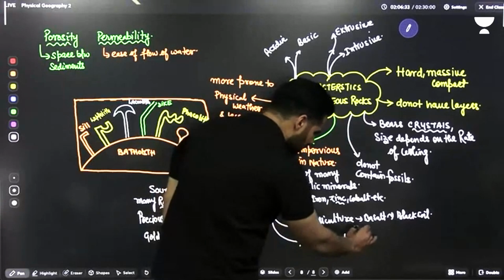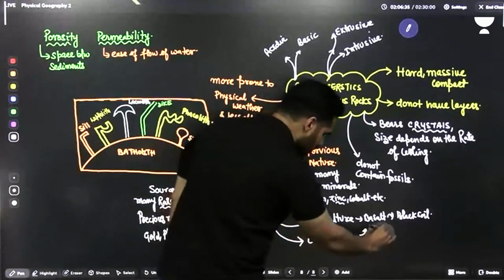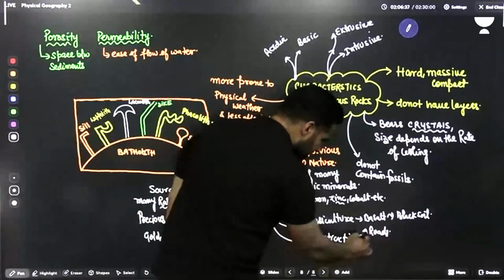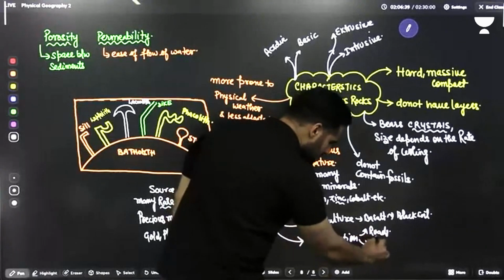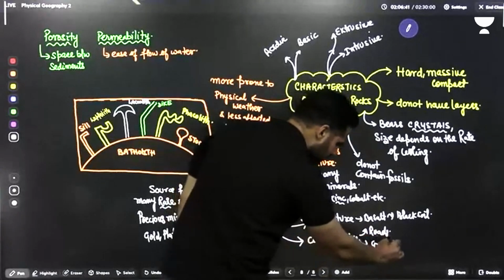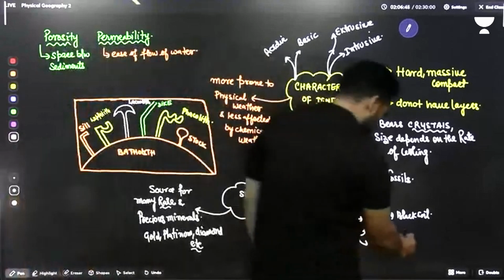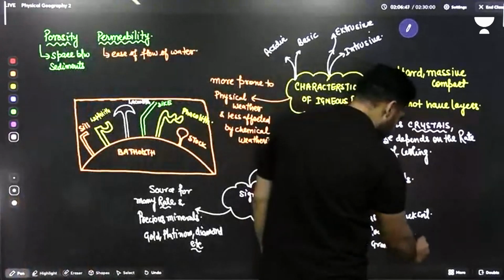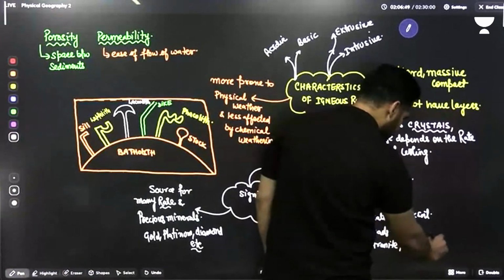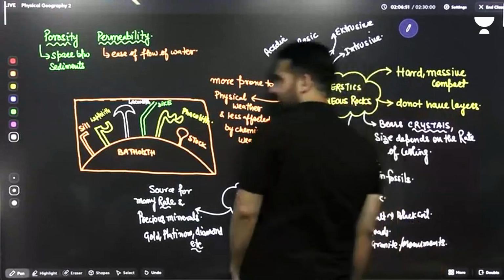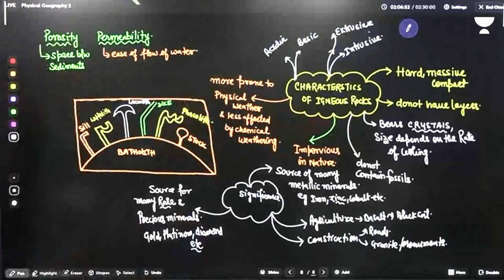One is construction of roads. And can I say granite is also used for construction, what is fitted in your homes? And can I say we have granitic monuments also? There are statues of leaders. So what is used there? Granite.